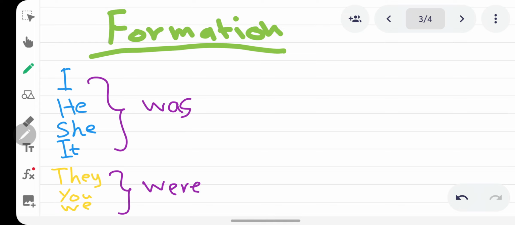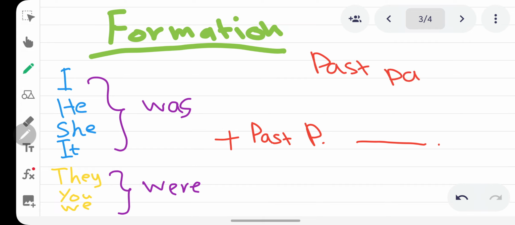After was and were, we need the past participle of the main verb. Then we have the completion of the sentence. So this is the formation of the past passive.